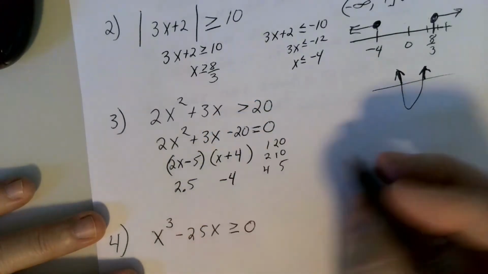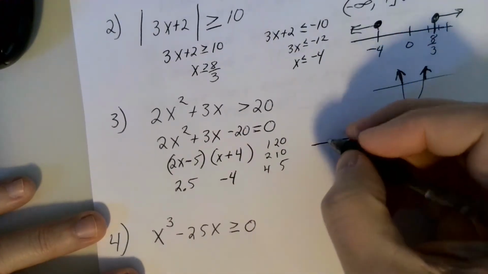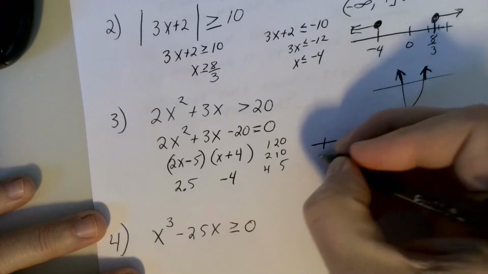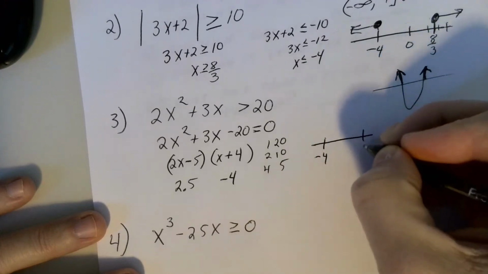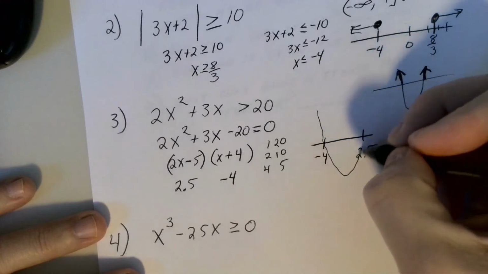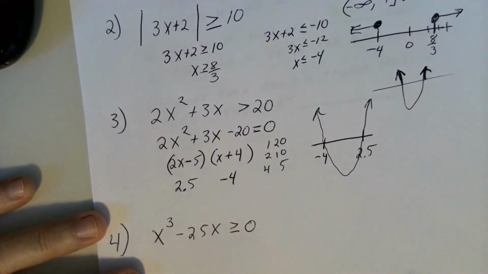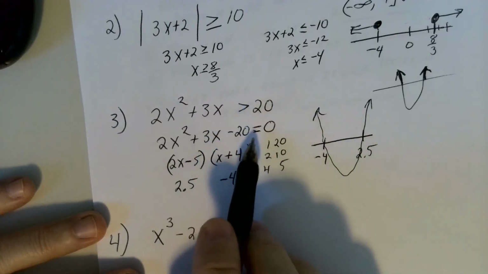So if those are the two places that it hits, let me show you a quick little picture here. It has to hit at negative 4, and it has to hit at 2.5. And since it opens up, it must look like this, going through there like that. Does that make sense?